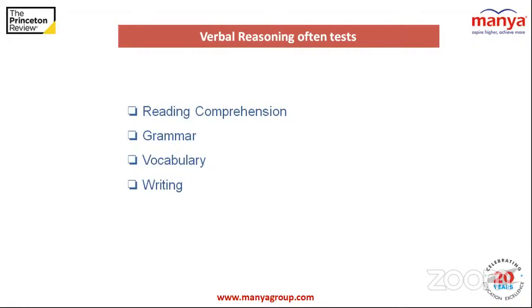Not often the writing, the essays are not tested in almost all the entrance exams, I would say, but still that is one important topic tested, right? So verbal reasoning often tests your reading comprehension skills, your vocabulary, your grammar rules, what you know about the grammar rules, and the writing skills.